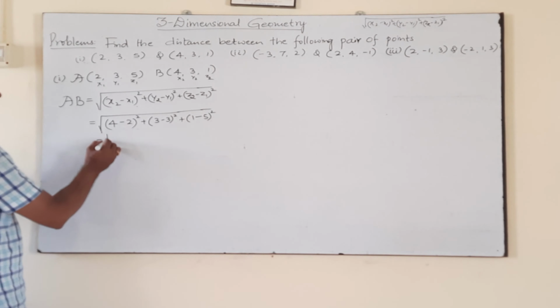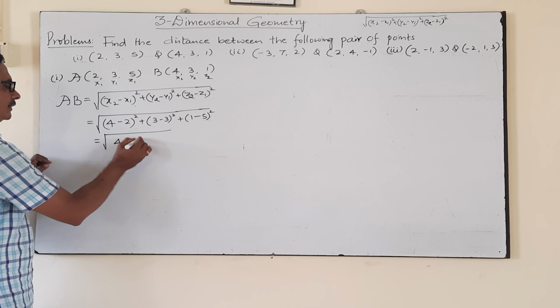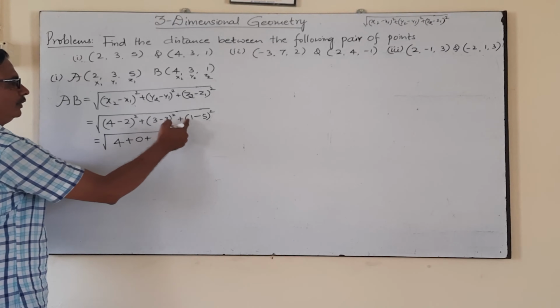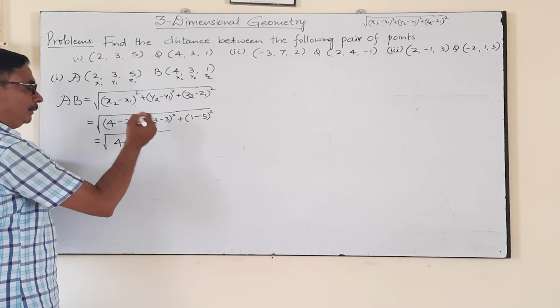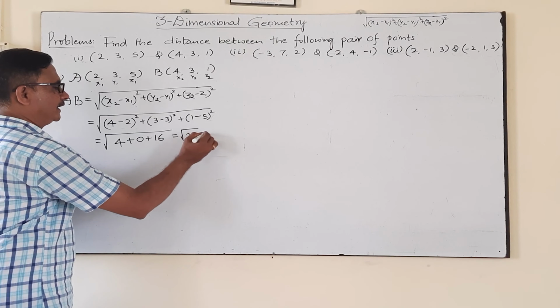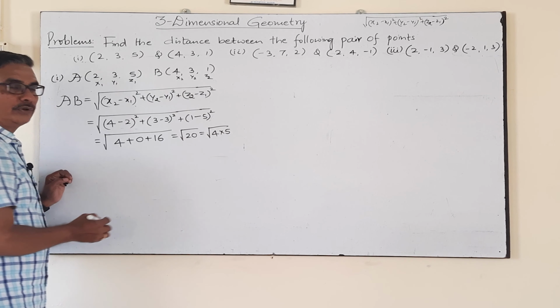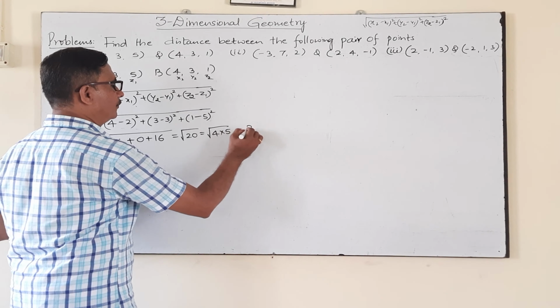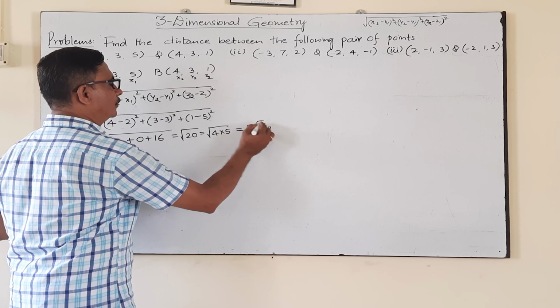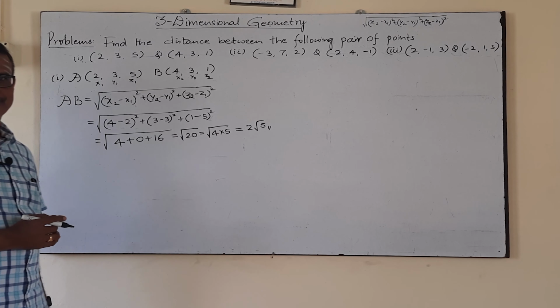Then simplify: root of 4 minus 2, 2 square 4; 3 minus 3, 0 square is 0; 1 minus 5 is minus 4, square is plus 16. 16 plus 4, 20. That is root of 20, which can be written as 4 into 5, so square root of 4 is 2 into root 5. So the distance between the 2 points is 2 root 5.